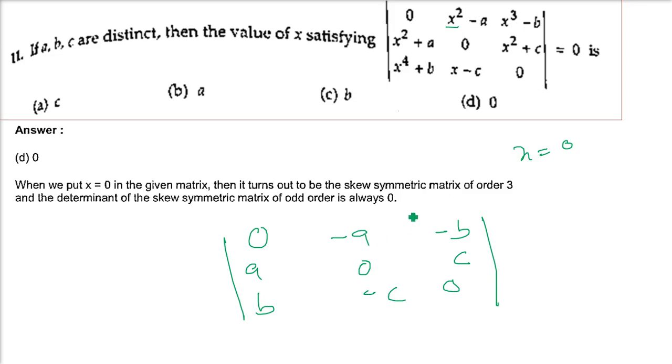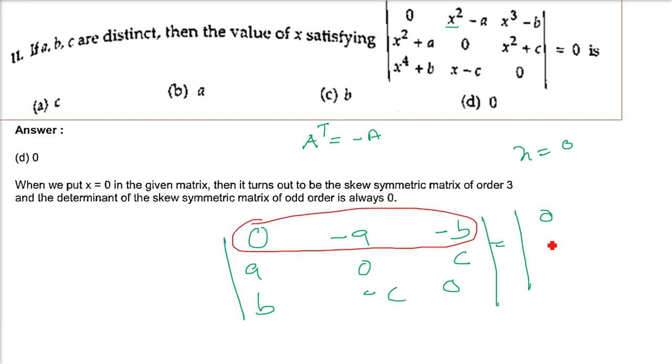Now this matrix, if you take the transpose of this matrix, it will be the negative of A. That means this matrix is a skew symmetric matrix. That is, if you take the transpose, A transpose will be negative A. Let us see. Row and column I am just changing. 0, minus A, minus B, this I am making as the column. A, 0, C I am making as a column.